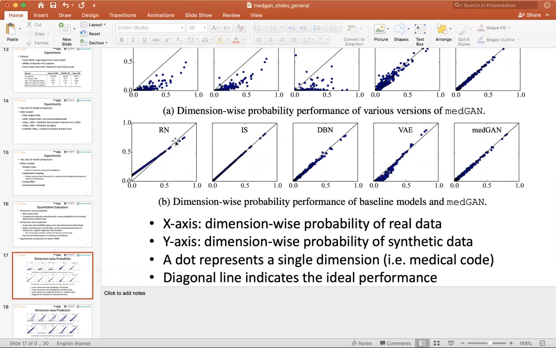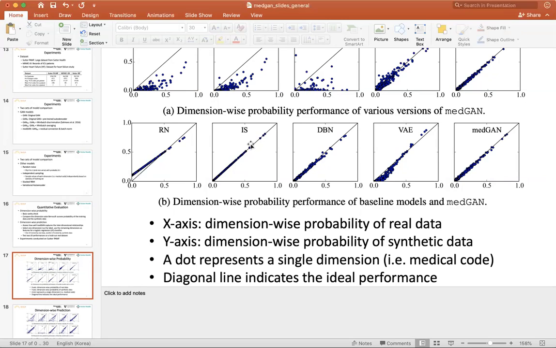So it might look okay, but it's not exactly moving along the diagonal line because there's a small shift. You're basically tilting the actual distribution. That is why the line is a bit more skewed than the actual diagonal line, but still it looks okay. And then this is independent sampling.